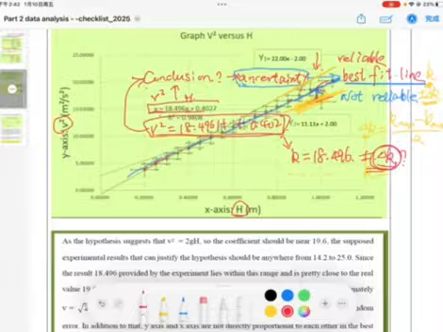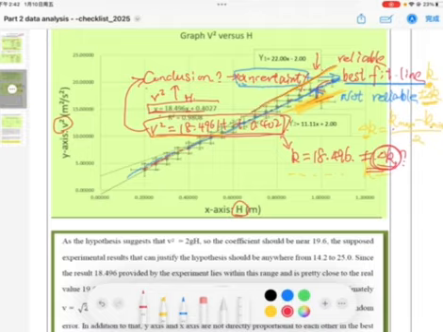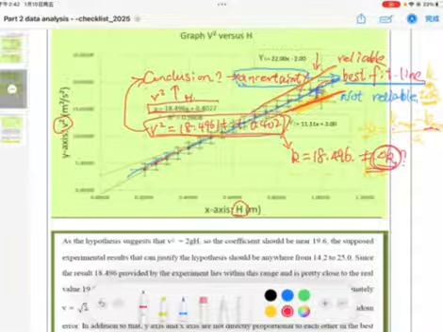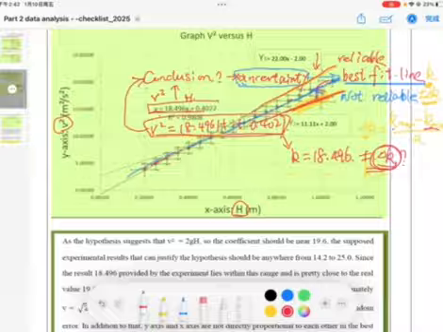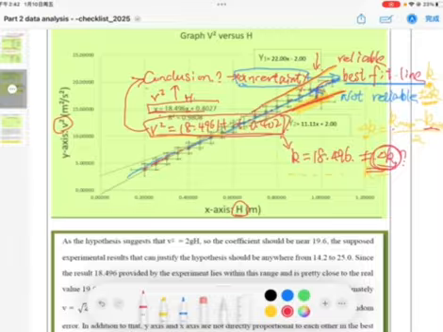Now, how did you get k max? It is the gradient of the maximum line, and k minimum is the gradient of this one. That's why, usually, when you present your data, you need to have 3 lines.